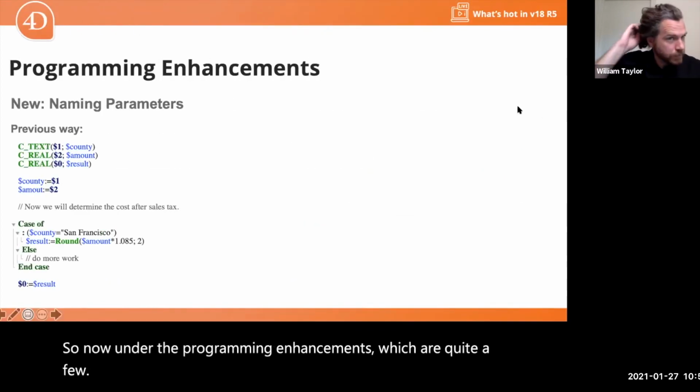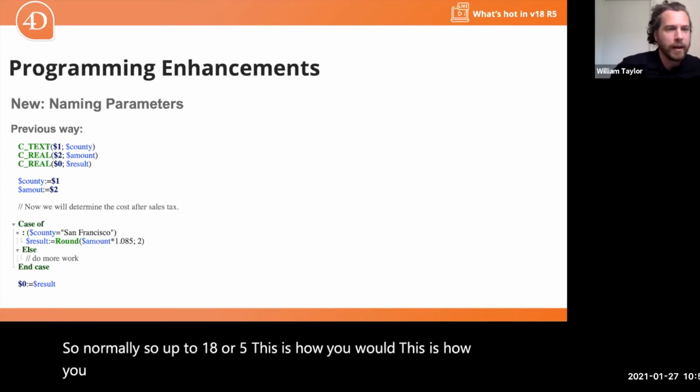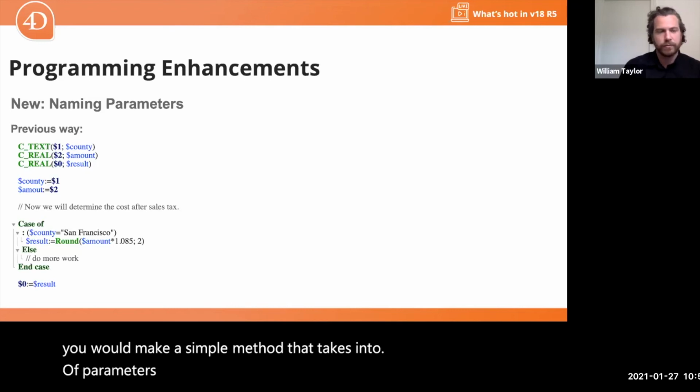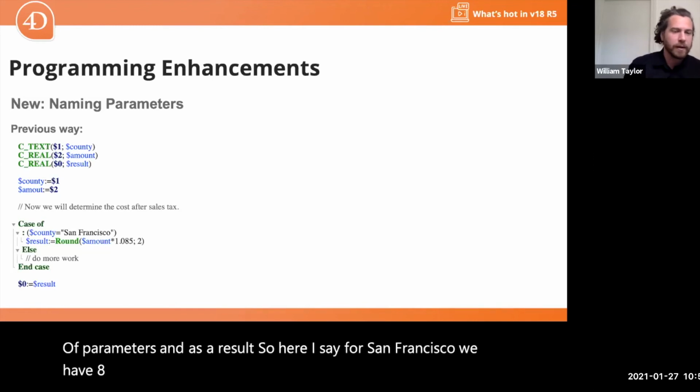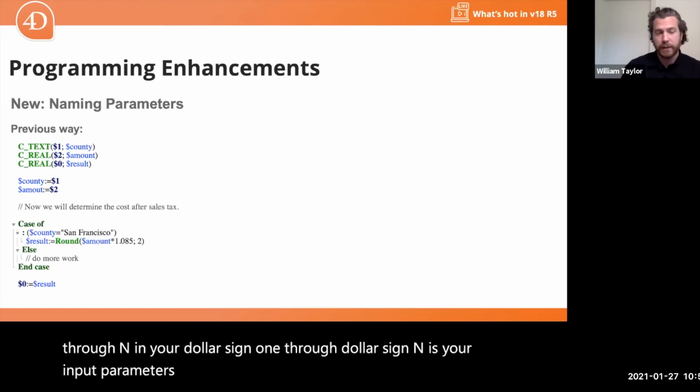Normally, up to 18R5, this is how you would make a simple method that takes in two parameters and has a result. Here I say for San Francisco, we have 8.5% base sales tax. As you see, you have $1 through $N as your input parameters, and sometimes a $0.